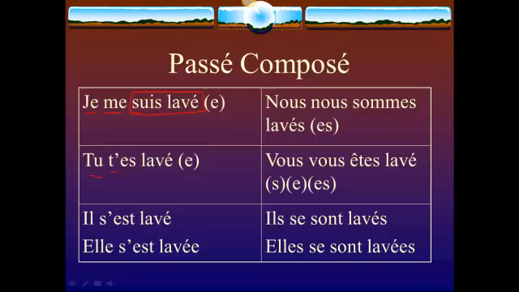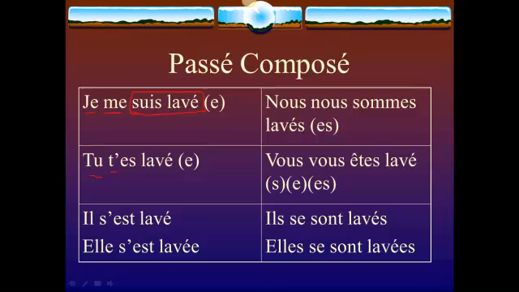And notice that verbs that are reflexive are conjugated with être in the passé composé. Always have your reflexive pronoun, and that's going to precede the auxiliary.